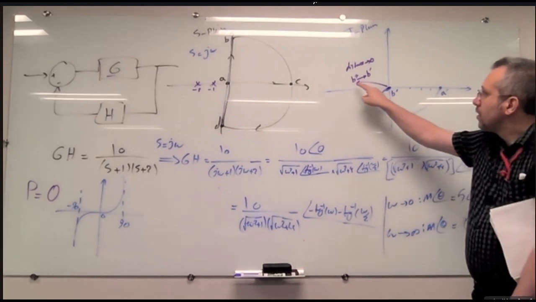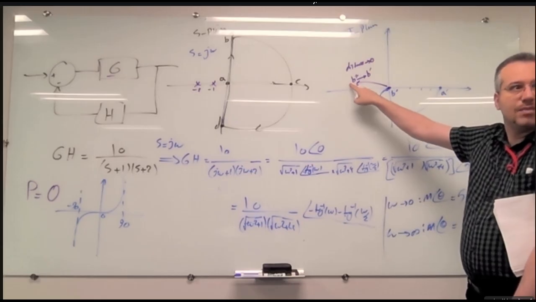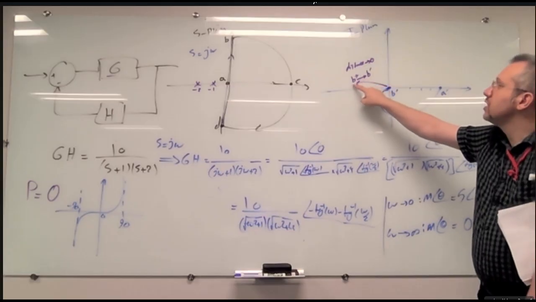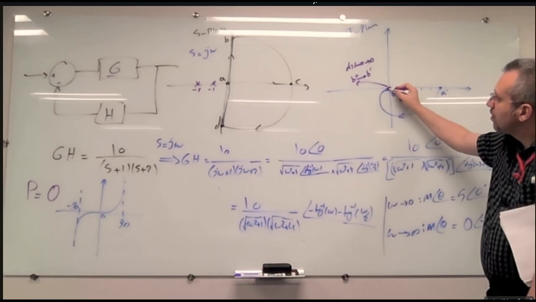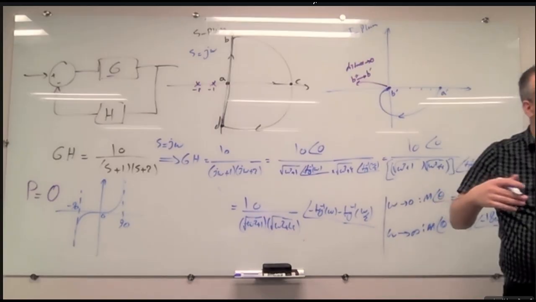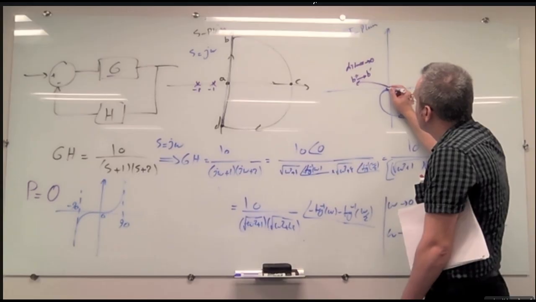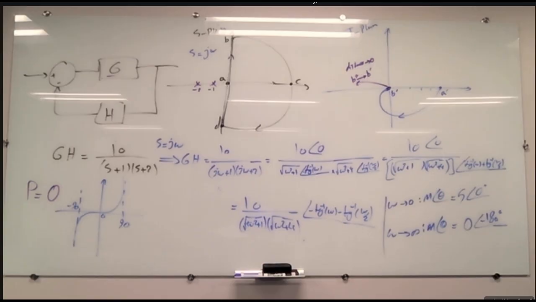So if the degree of B double prime is going to be the same as the degree of B prime, so the theta of these two are going to be the same, that means this infinitely close B double prime should have a vector from origin with a theta of minus 180.